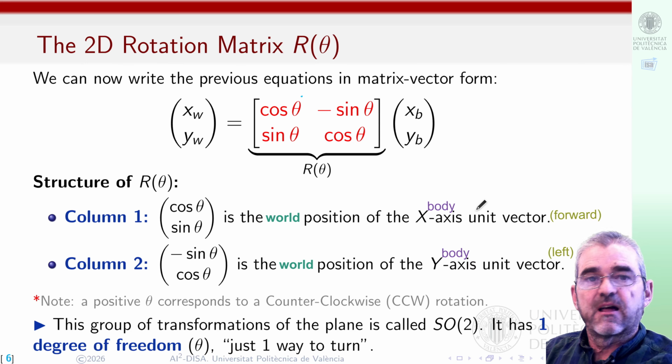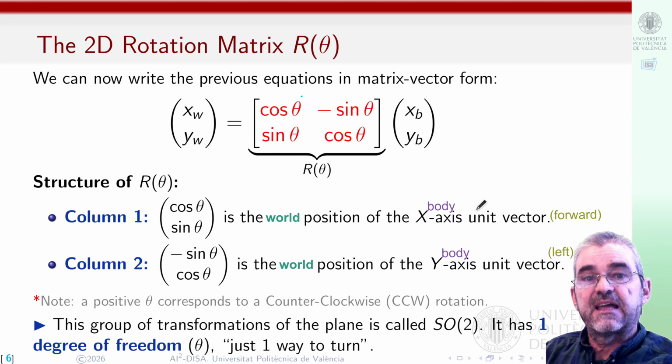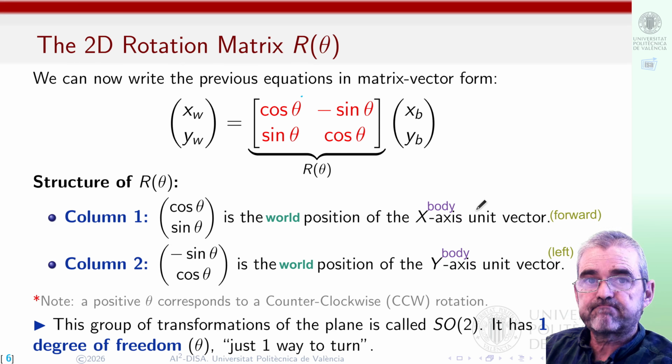Mathematicians like to give abstract names to common things, just adding angles, turning your hand. It's an SO2 group operation, but it's just waving your hand. This group has 1 degree of freedom, 1 way of turning.